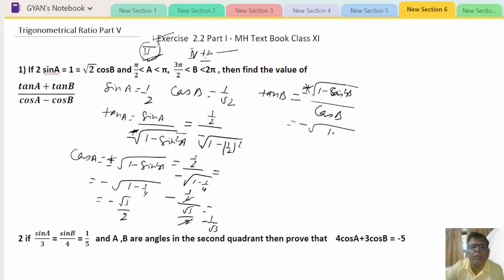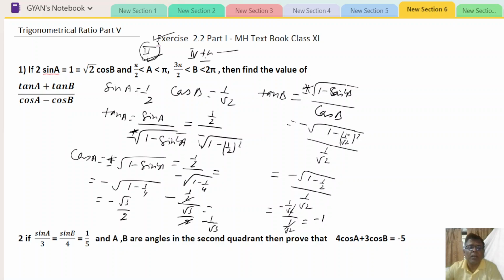Minus root over 1 minus (1 by root 2) the whole square, divided by cos B which is 1 by root 2. That is minus root of half divided by 1 by root 2, which is minus 1 by root 2 divided by 1 by root 2, equal to minus 1. And cos B is already given, so no need to do anything.